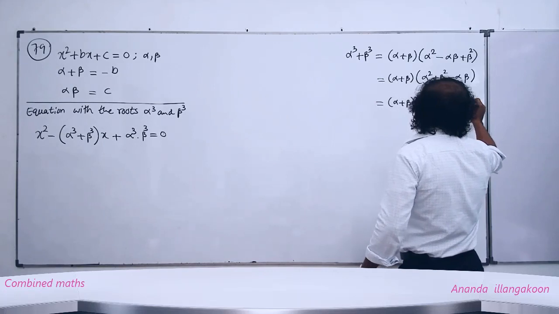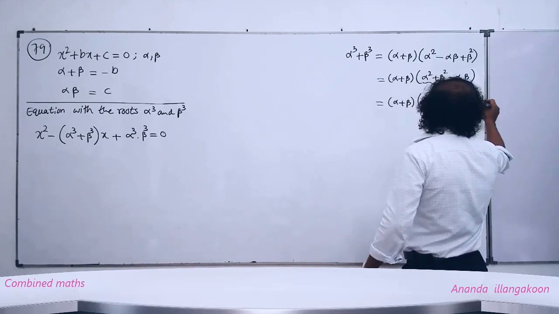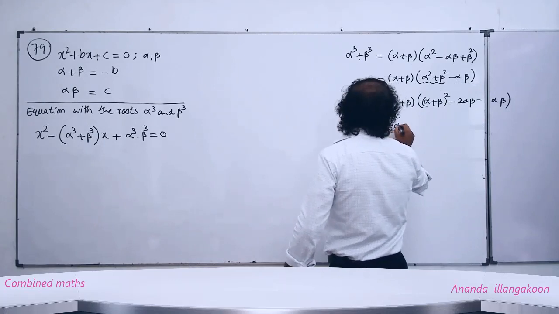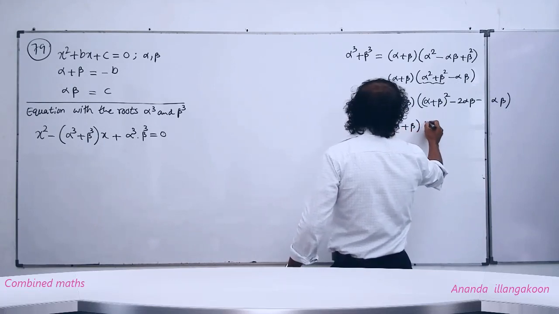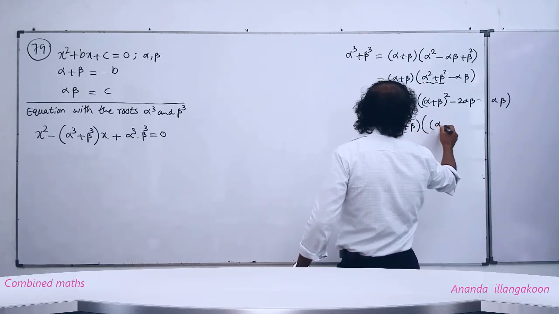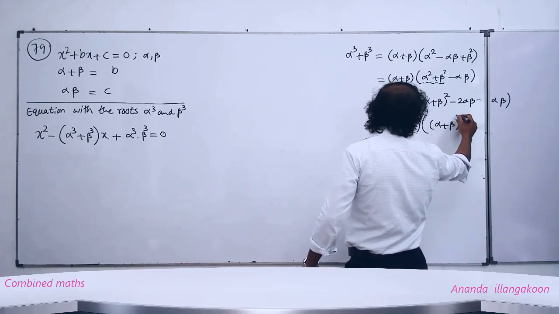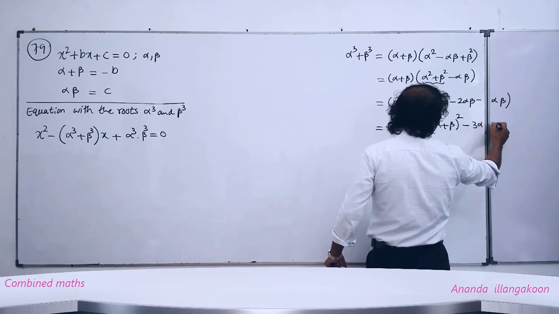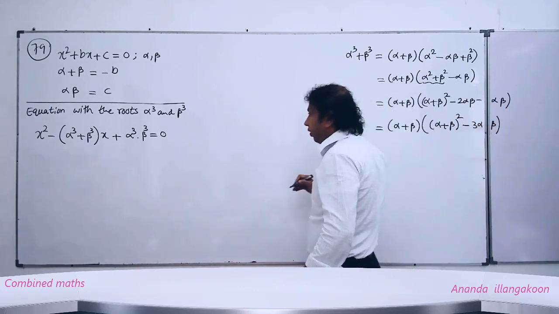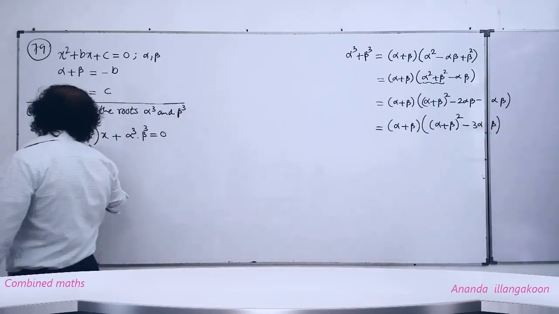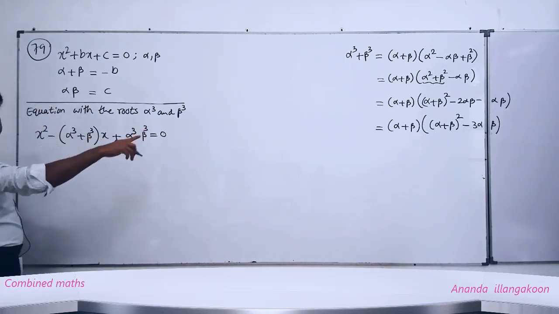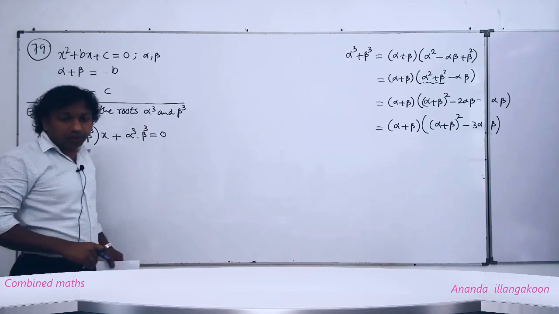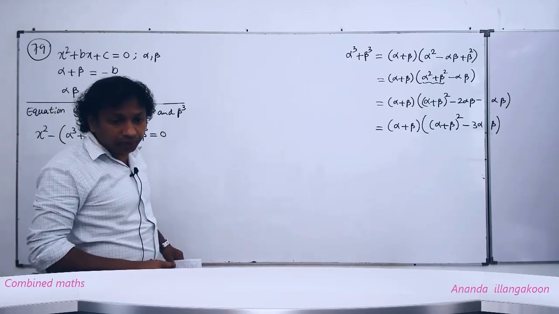You can remember that. And this minus alpha beta. Then I can write this alpha cube plus beta cube this way: alpha plus beta times alpha plus beta perfect squared minus 2 alpha beta minus alpha beta, which is minus 3 alpha beta. We wrote that expression for alpha cube plus beta cube.